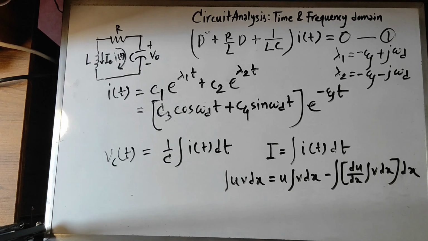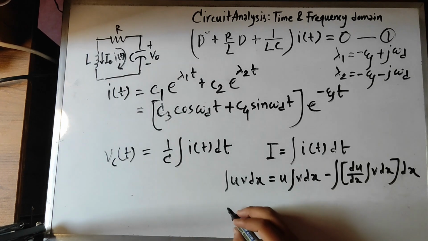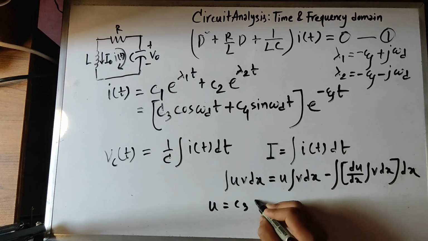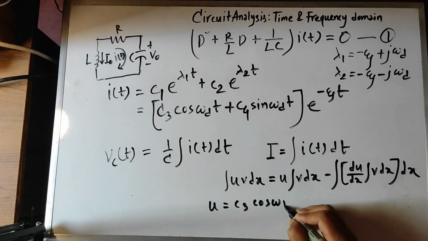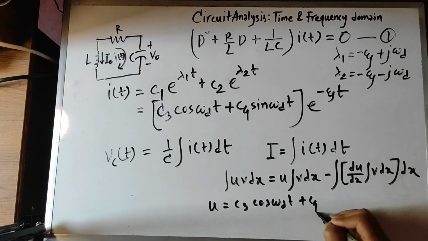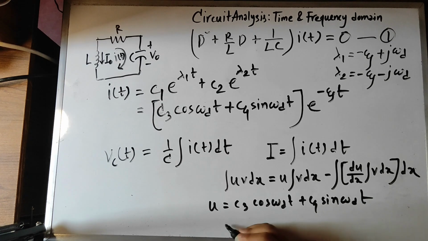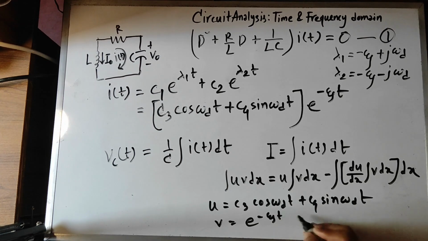This is very long, so let us assume u equals C3 cos omega_d t plus C4 sin omega_d t, and v equals exponential minus zeta t.